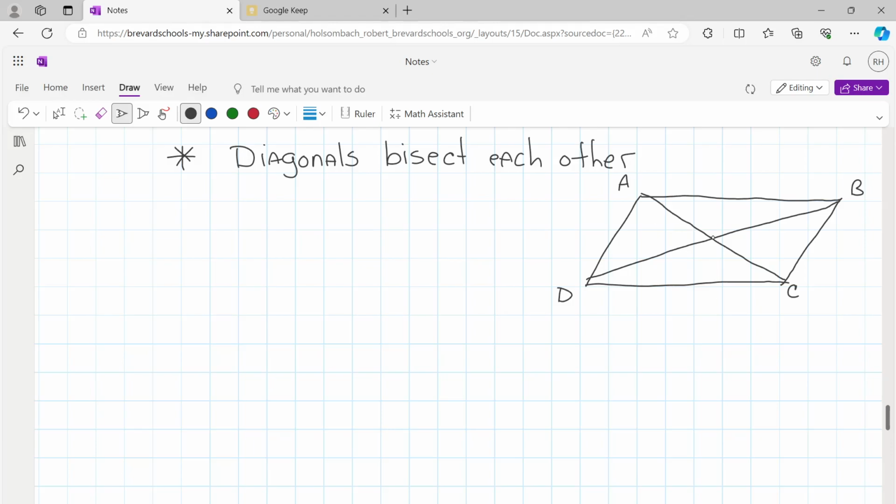If we label the point where the two diagonals intersect as point E, if diagonals bisect each other, then A to E is congruent to E to C. Same with this other diagonal, then D to E would be congruent to E to B.